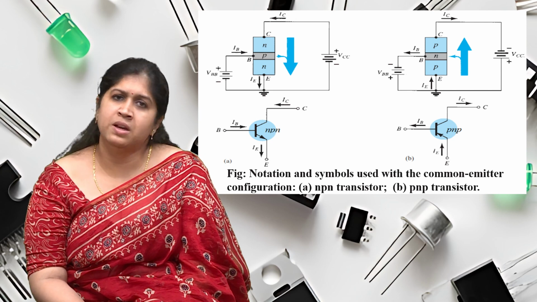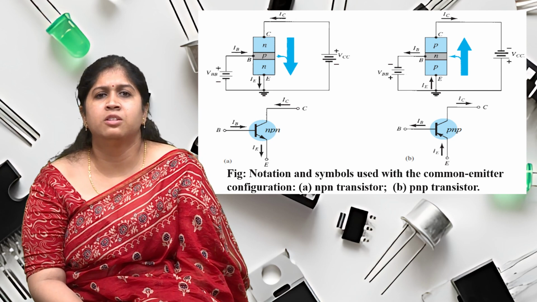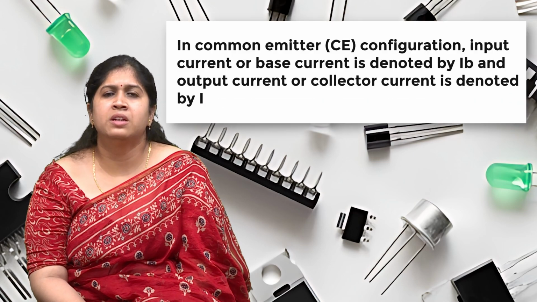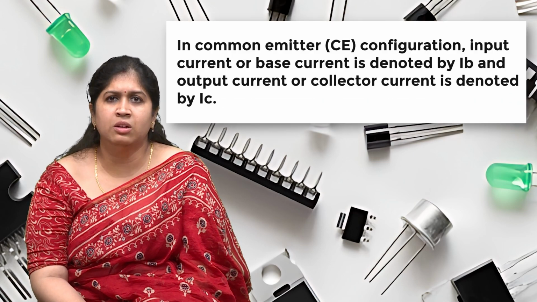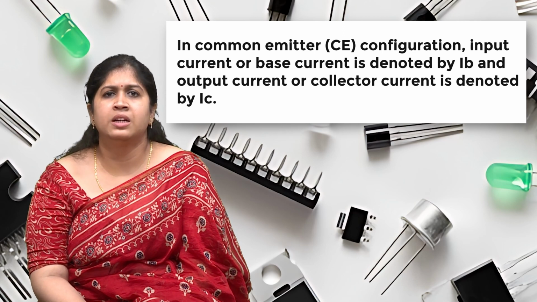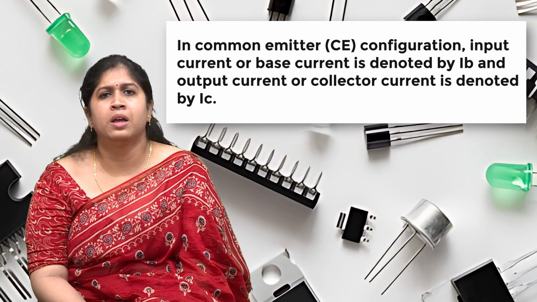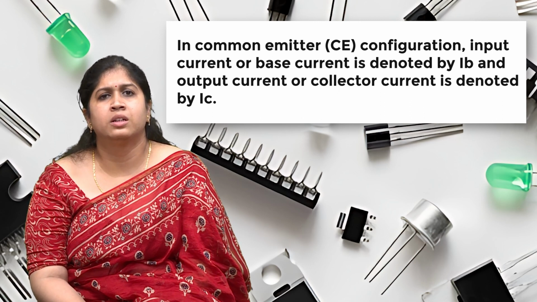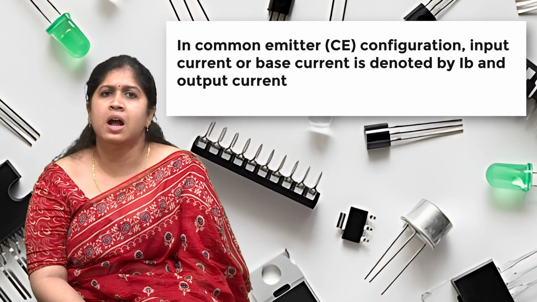The first is an NPN transistor, the second is a PNP transistor. In the common emitter (CE) configuration, the input current or base current is denoted by IB and the output current or collector current is denoted by IC.